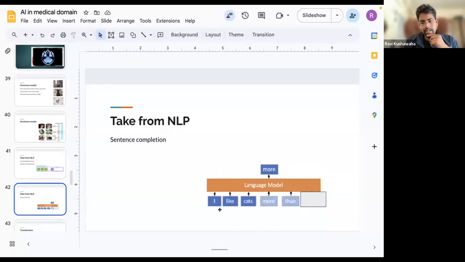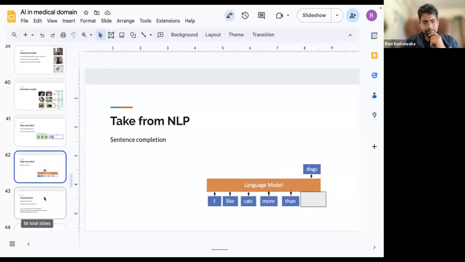So the model has learned how to get contextual information from the input and predict a final output. So here it's "I like cats more than dogs". This word has come up after training of the model.